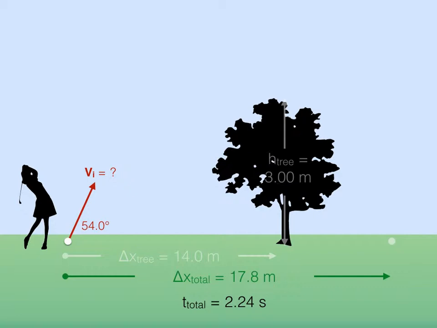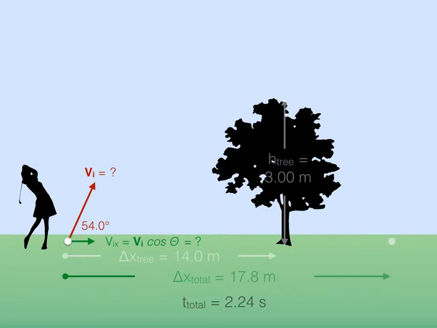So we should be able to solve for the initial velocity in the x direction, because the initial velocity in the x direction is the full velocity, vi, times the cosine of theta. If we can do that, we can use trig to find out what the full vector vi coming off the club is.